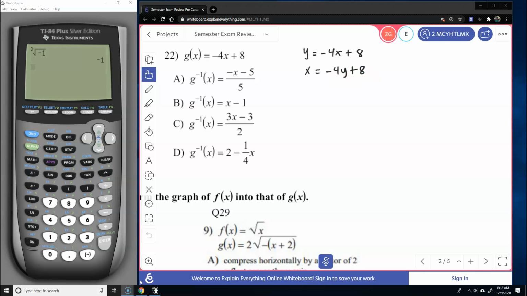At this point, you want to solve for y. Subtract 8 from both sides. So you have x minus 8 is equal to negative 4y. And just so I can make sure that we have this in order, we have negative 4y equals x minus 8. I kind of switched because I want to work with the left side. The next step is to divide by negative 4.